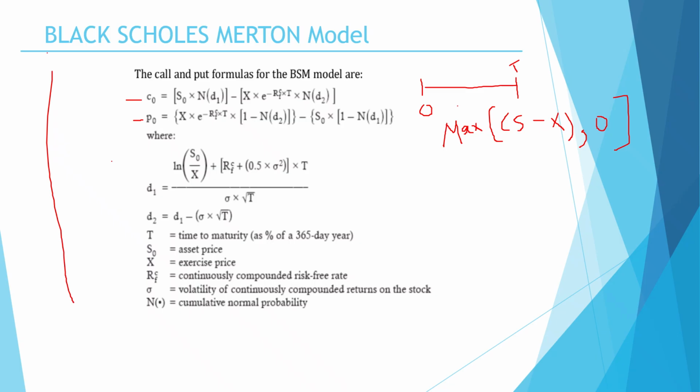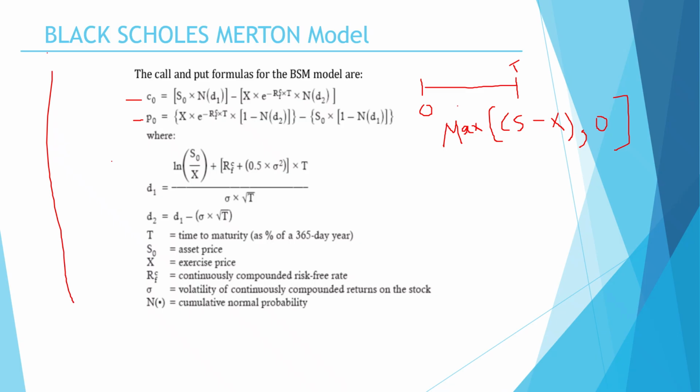And let's suppose if the price of the stock is 12, and if my strike price, which is X, is 10, then at maturity the value of the call option will be 2.